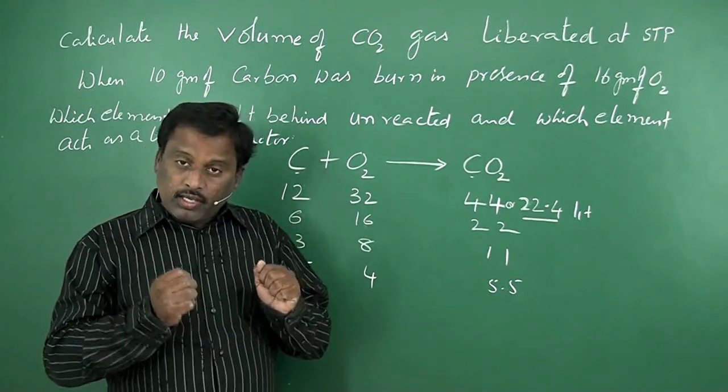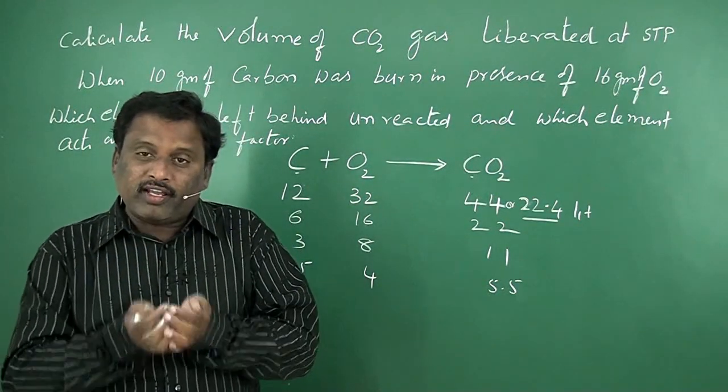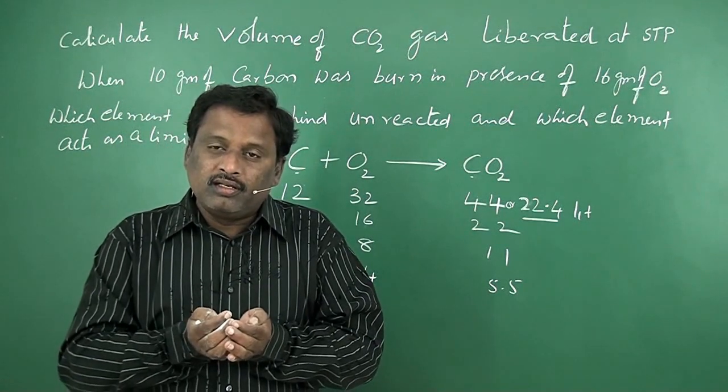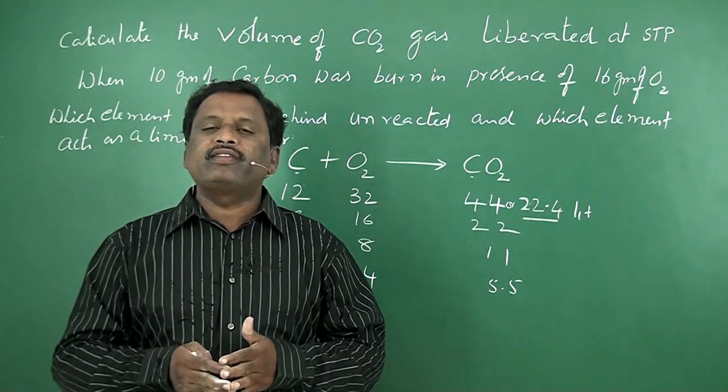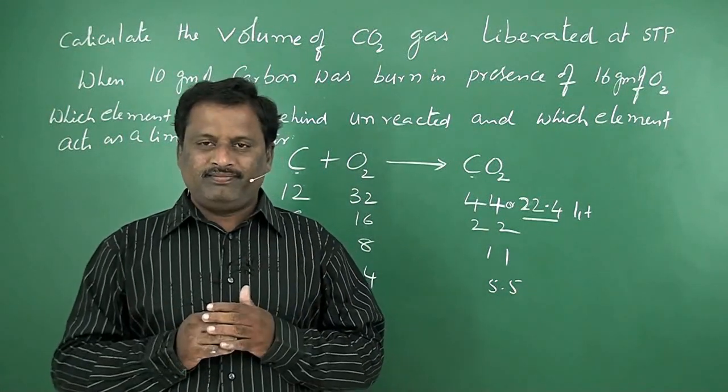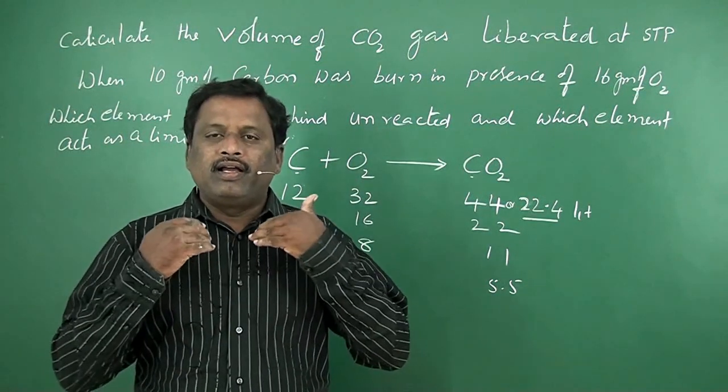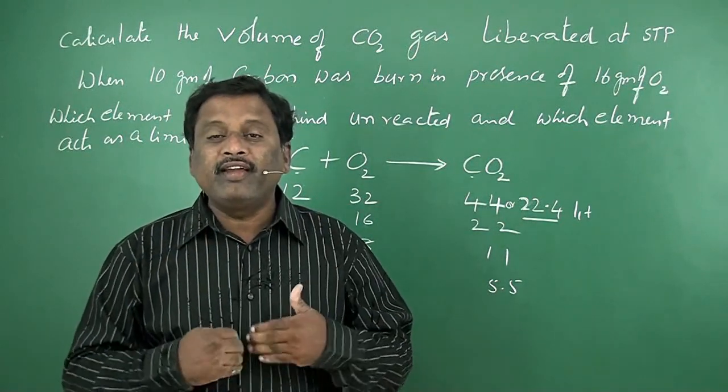And the substance which is taken in a lesser quantity or lesser proportion will limit the chemical reaction. So that element is said to be a limiting element, and that phenomenon is said to be a limiting factor.